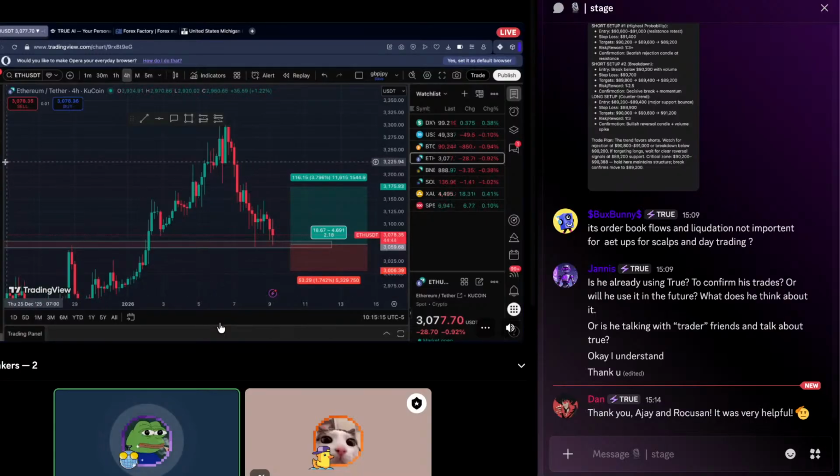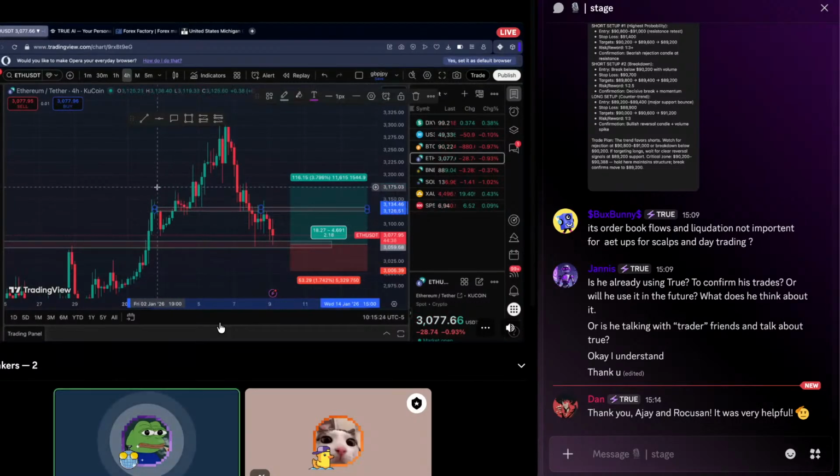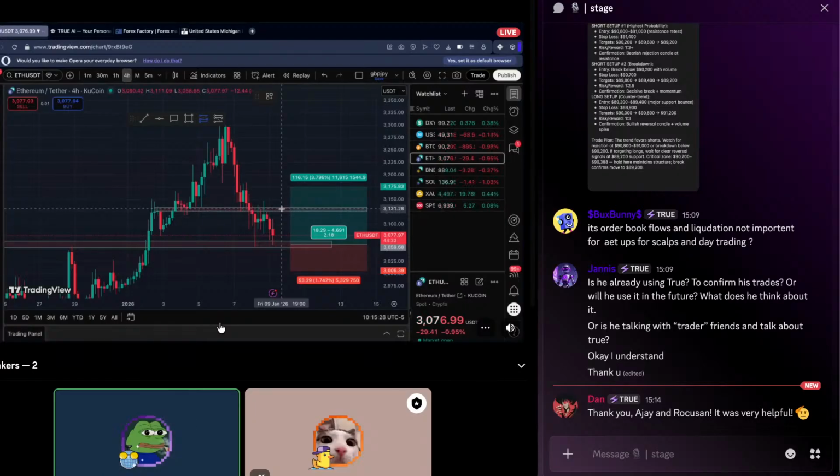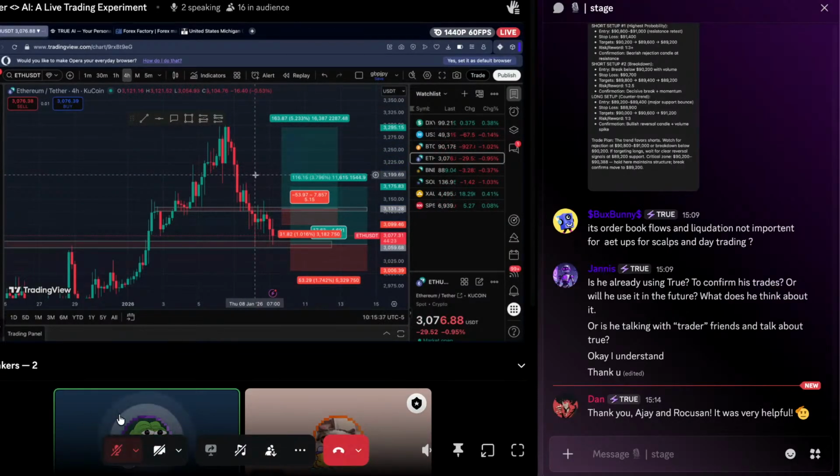If you want to wait it out, since the weekend is coming up, I would suggest not to trade weekends. On Monday, if price were to come and close back above 3125, this will be an extremely good trade. You could look to target all the way back to 3,300.